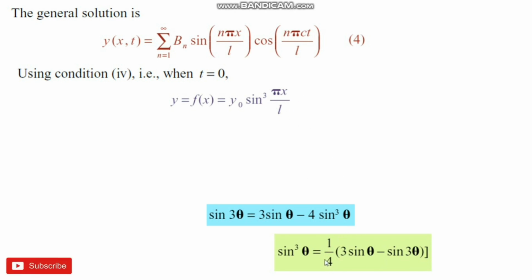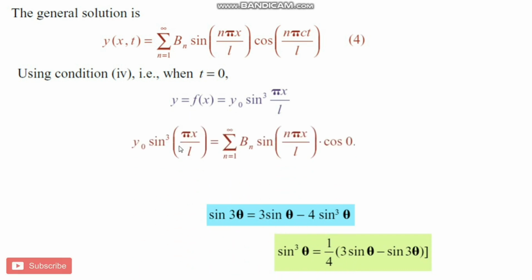So use this trigonometric relation. y0 sin cube πx/L is equal to this thing.